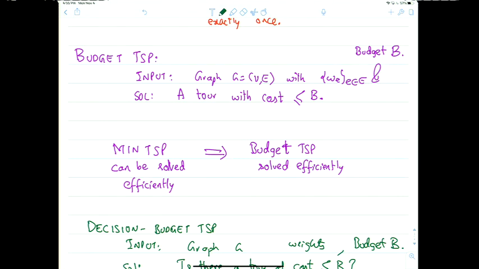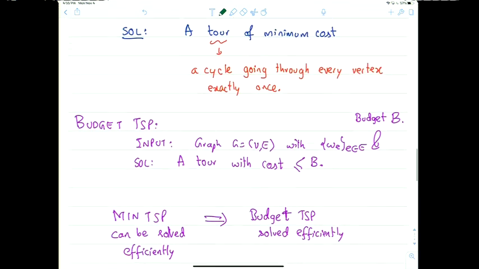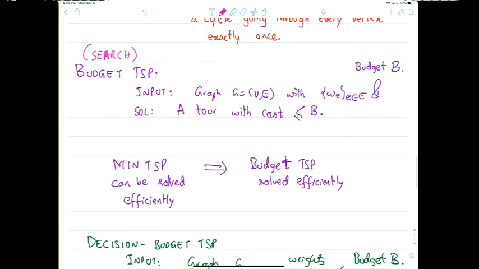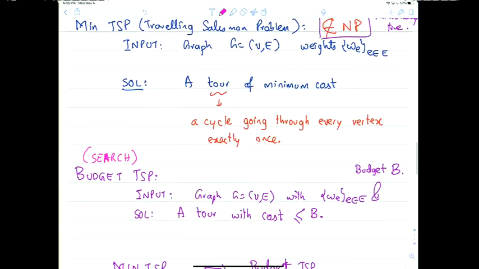So we've seen 3 versions of the problem now. One is the optimization version, which is here. You want to minimize. This is the search version. And then this is the decision version. So there are 3 versions of the problem, but they're all very closely related to each other.